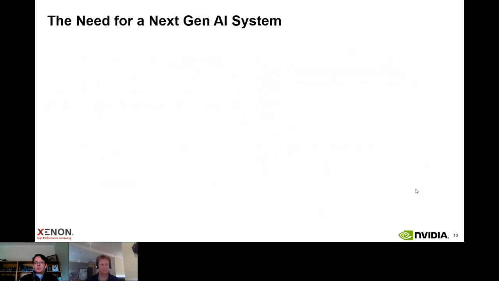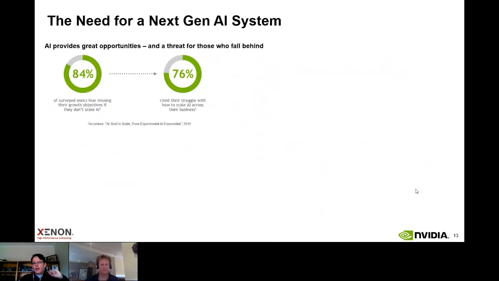So the A100s then, of course, really need a next-gen AI system. When we look at it really from a customer and business perspective, AI provides great opportunities, but also a great threat for those who fall behind. And we see this in a lot of our conversations with our customers, where most of them are looking at deep learning and AI technologies and how they can take advantage of them in their business.